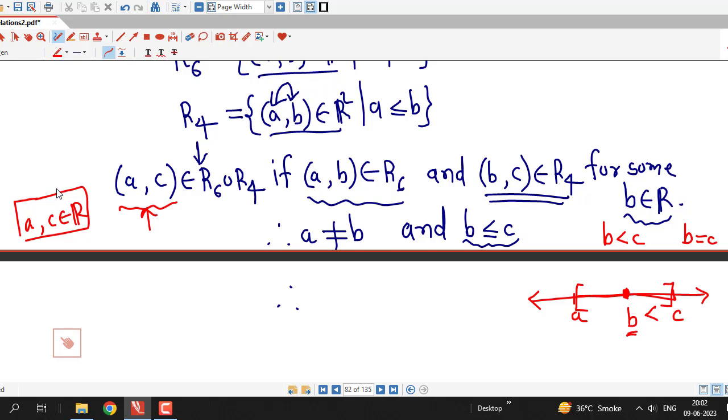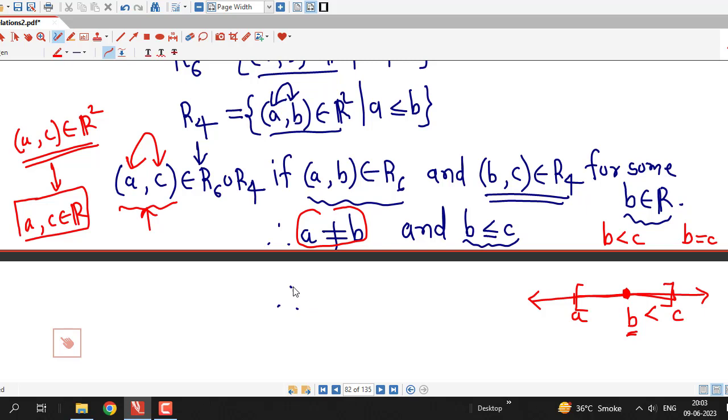So for any two real numbers a and c, the ordered pair (a, c) is in R cross R. If I take any ordered pair in R2 or in R cross R, I can always find at least one real number b such that this condition is satisfied: a is not equal to b and b is less than or equal to c. So there is no restriction on these two real numbers. a and c can be any real numbers.